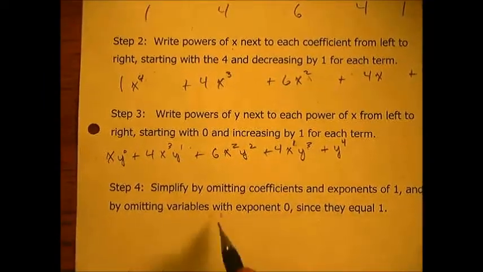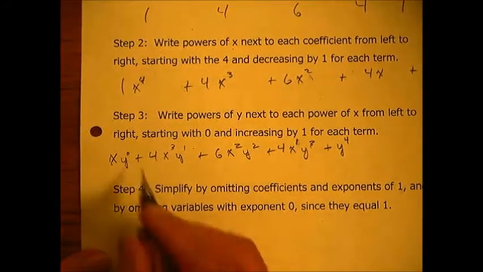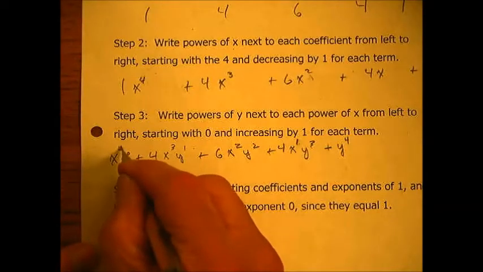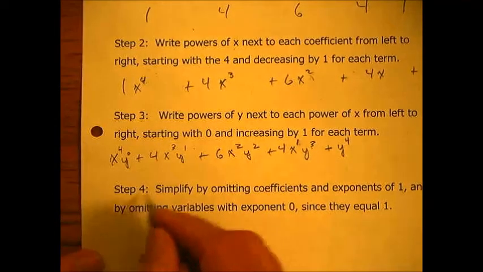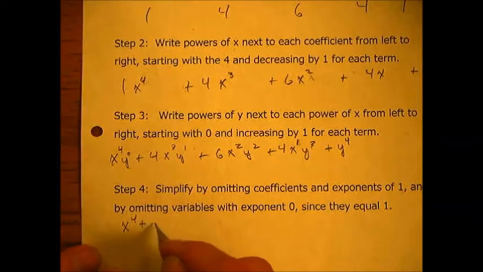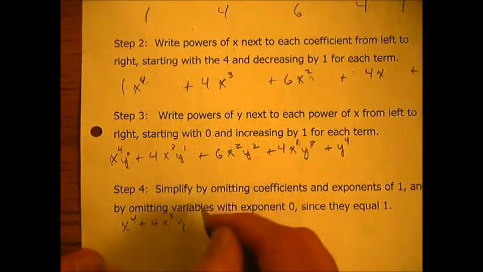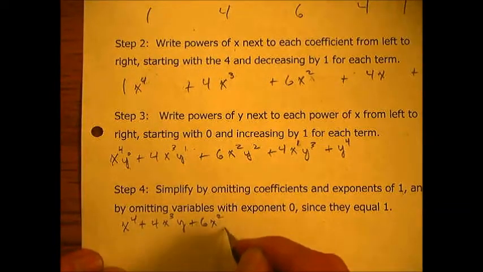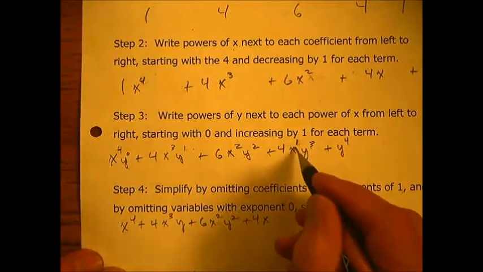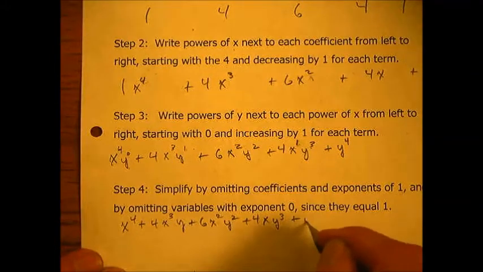Okay, and then we just simplify by omitting coefficients and exponents that equal 1. So this should be x to the 4th, y to the 0 is just 1, plus 4x cubed y, because that's y to the 1, plus 6x squared y squared plus 4x, just x because it's x to the 1, y cubed plus y to the 4th.